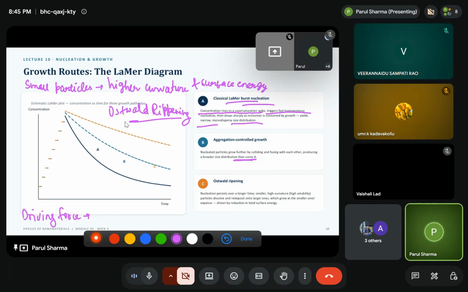The driving force is the reduction in total surface energy. The solute concentration and temperature of the solution will significantly influence the growth dynamics, and crystalline structure and presence of defects also critically affect the final morphology and size of the particles.